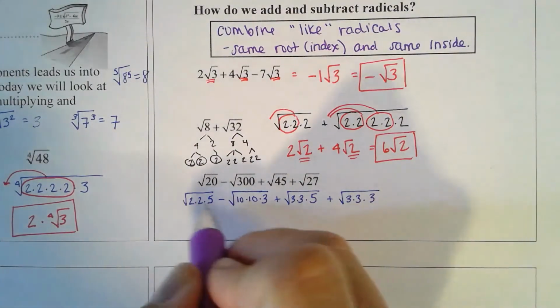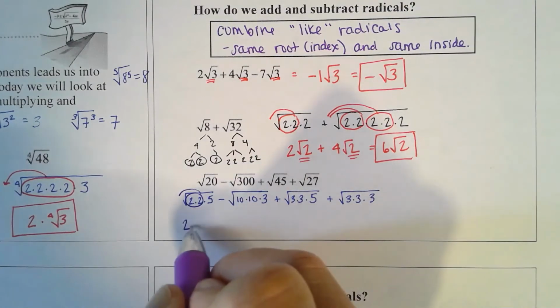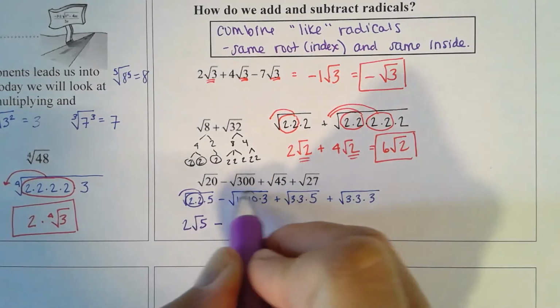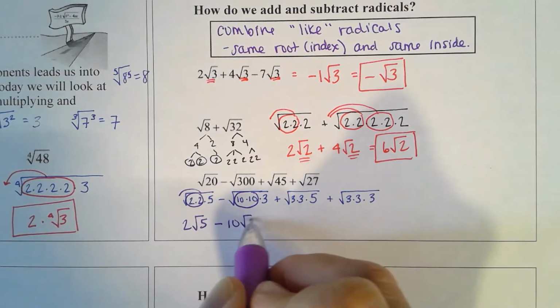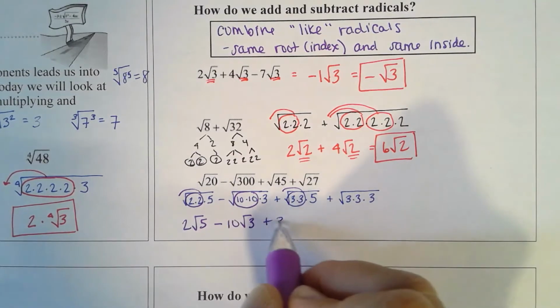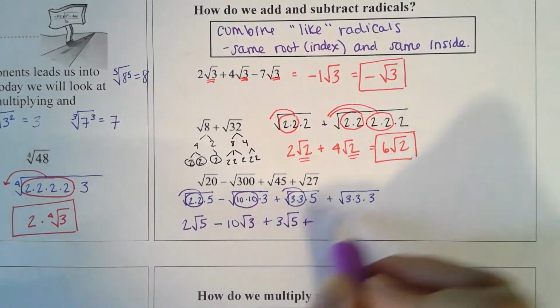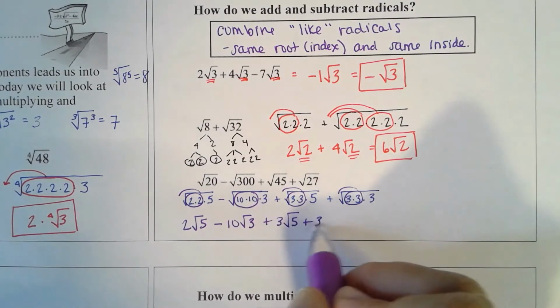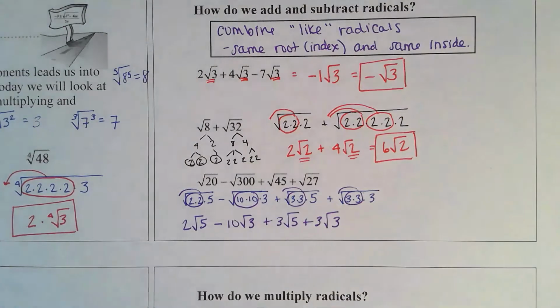Again, they're all square roots, so I'm going to take out that 2. So I have 2 radical 5 minus, there's a pair of 10's, so 10 radical 3, plus, there's a pair of 3's, the 5 stays on the inside. And the last one, I have a pair of 3's, but I'm still left with a 3 on the inside. So I have 4 terms, 1, 2, 3, 4.